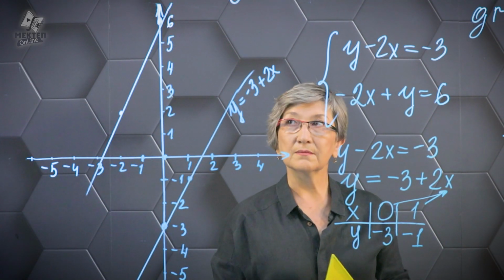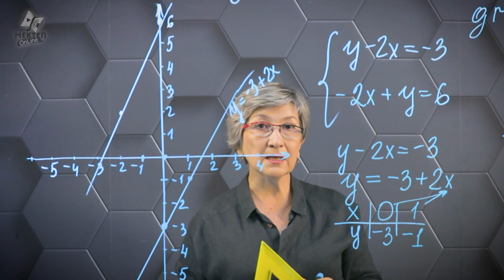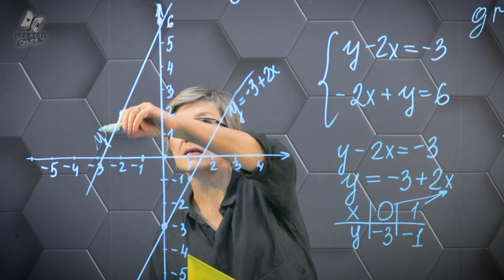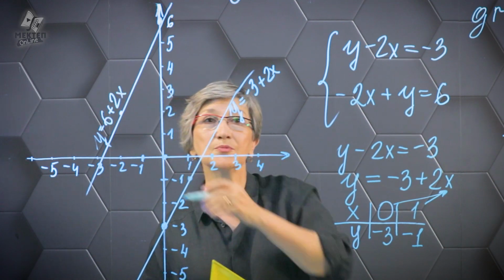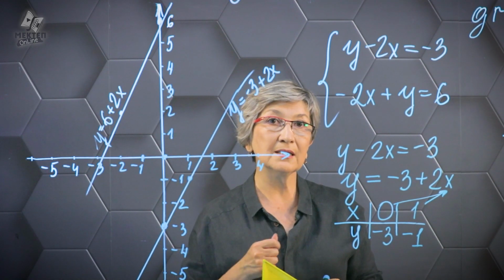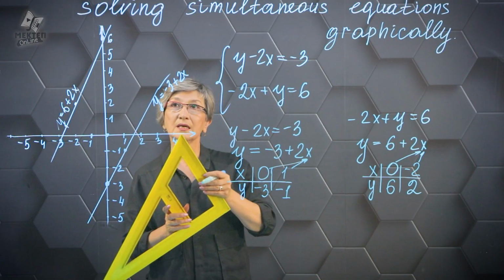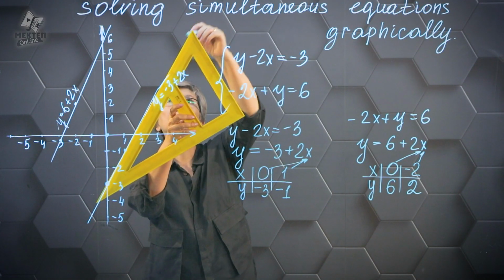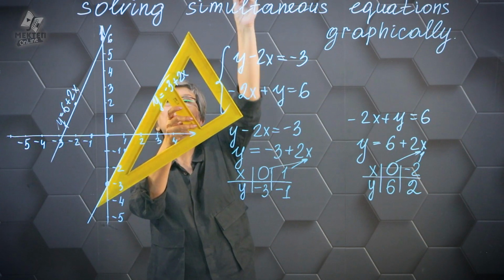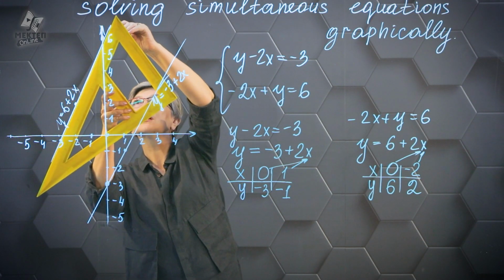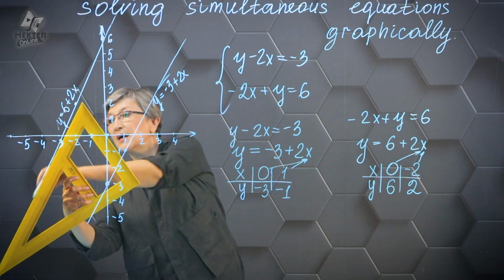What did we see? These lines are actually parallel. And if the lines are parallel, then they have no common points. They will never intersect. Of course, you might ask, what if we extend the graph of the first line and the graph of the second line further, either up or down, maybe they will intersect.